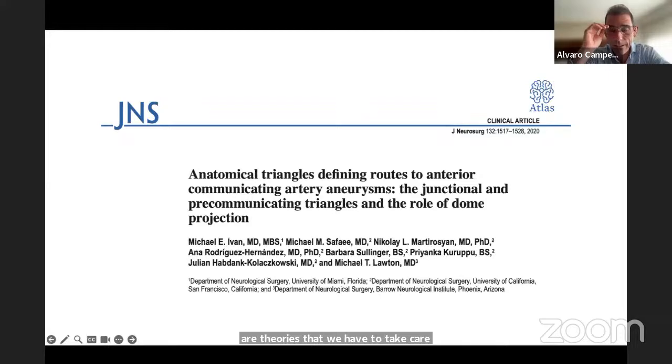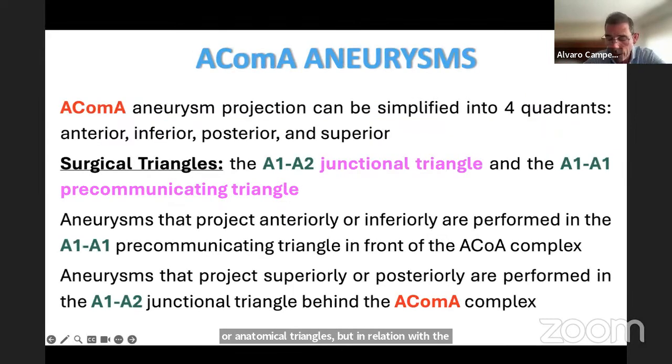This is an interesting paper about anatomical triangles in relation with the clipping of ACom artery aneurysms.